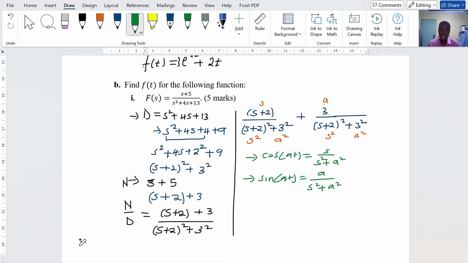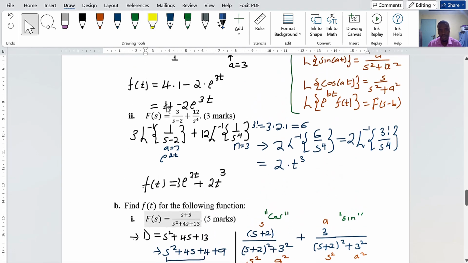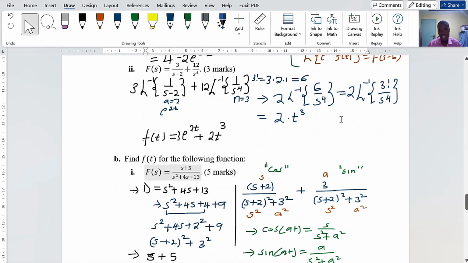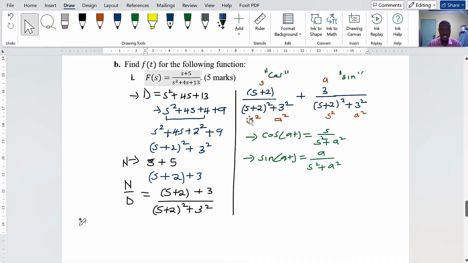So automatically you see on this part, we can see something similar to sine. And on this part, we see something similar to cos. We can confirm that from the top here. So for cos we have s, and for sine we have a. But something is shifting. That is what you should know. You can see we don't have just s, but we have s plus 2.